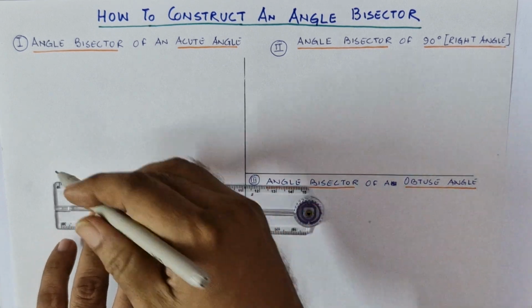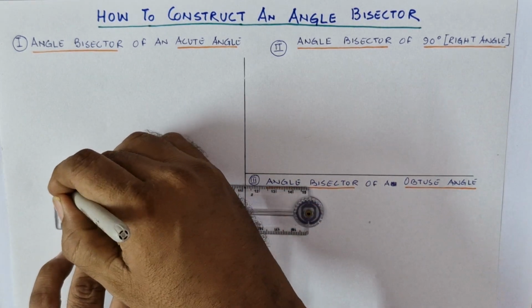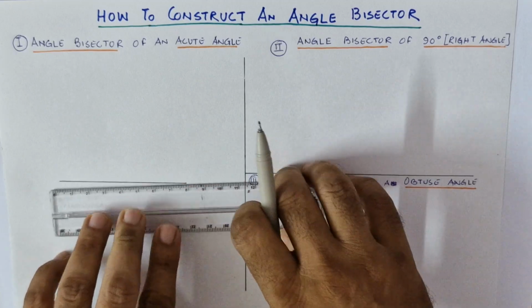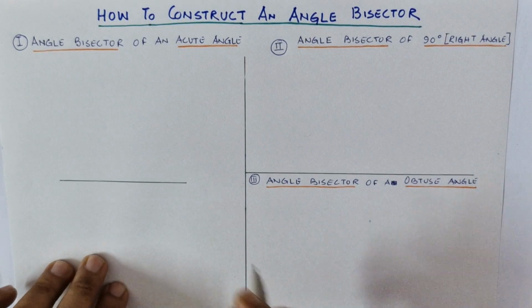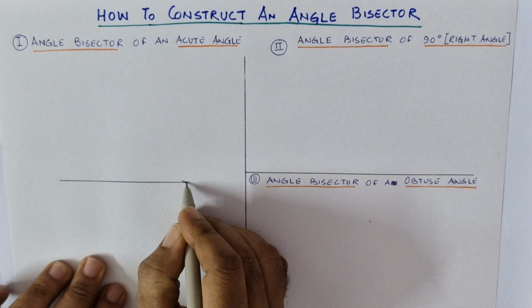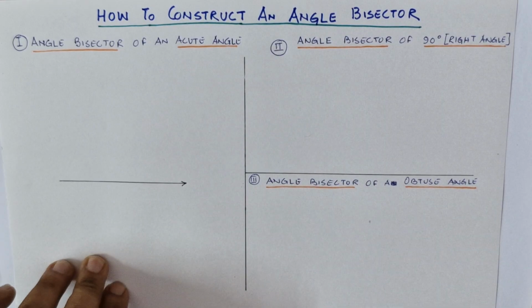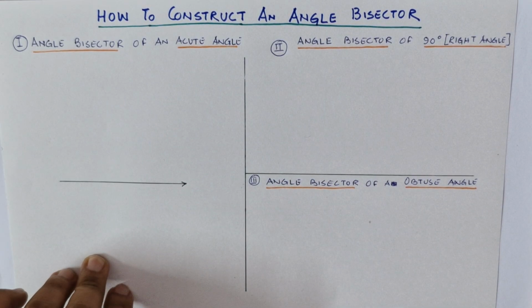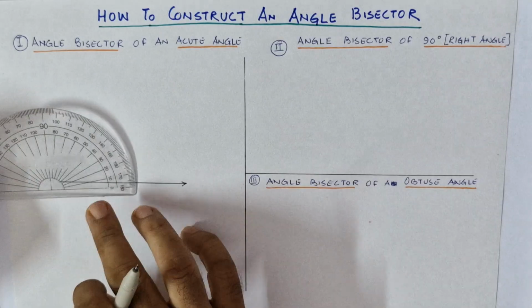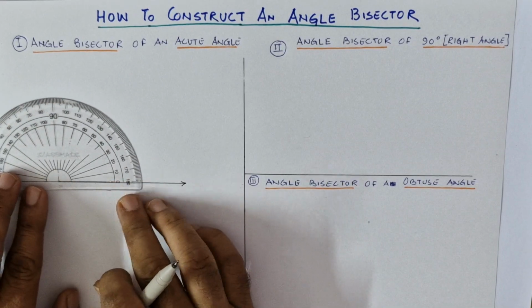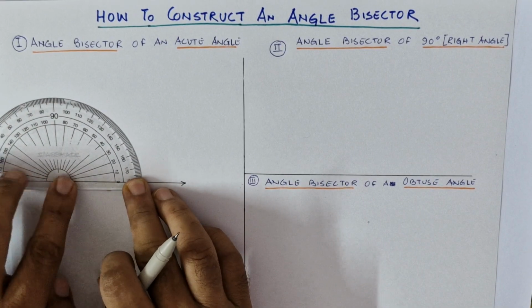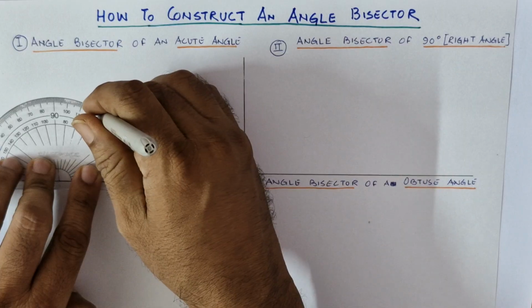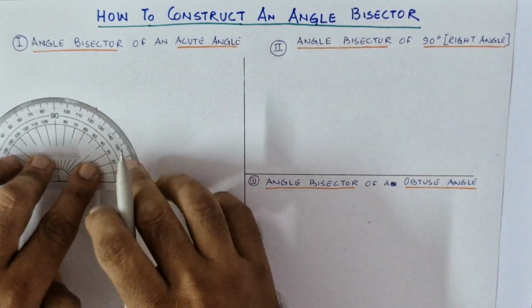So let's draw one arm of the angle. So this is one ray. So using the protractor, we'll draw any angle. Let's say we'll draw 60 degree. Got it?